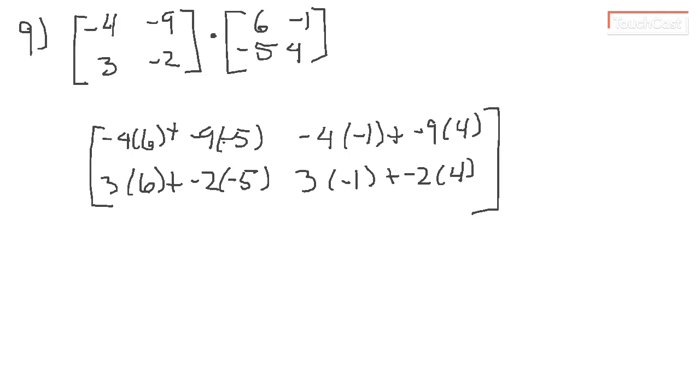So let's start with the multiplying. We're going to have -4 times 6 is -24. -9 times -5 is going to give us 45, so -24 plus 45. -4 times -1 is +4. Minus -9 times 4 makes 36. 3 times 6 is 18.